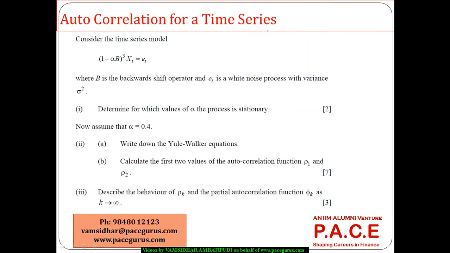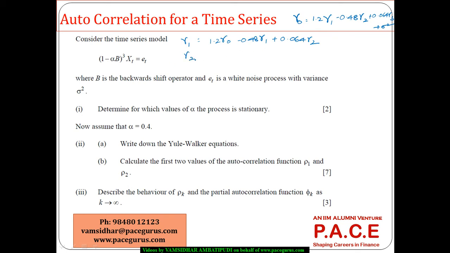So let me simplify the expressions, or let me write them down separately. Gamma 0 is coming out to 1.2 gamma 1 minus 0.48 gamma 2 plus 0.064 gamma 3 plus some sigma squared. Whereas gamma 1 is coming out to 1.2 gamma naught minus 0.48 gamma 1 plus 0.064 gamma 2.